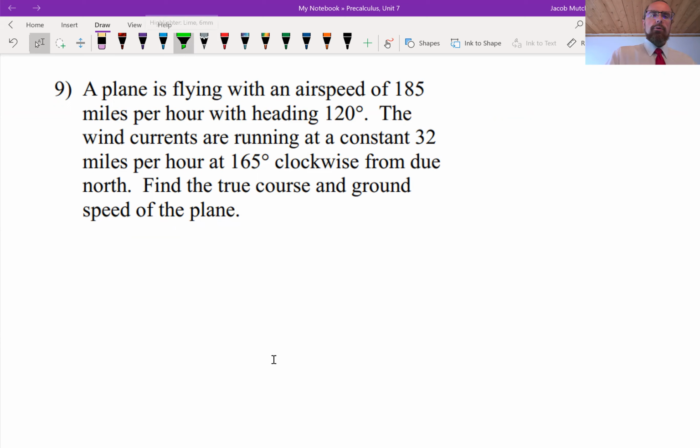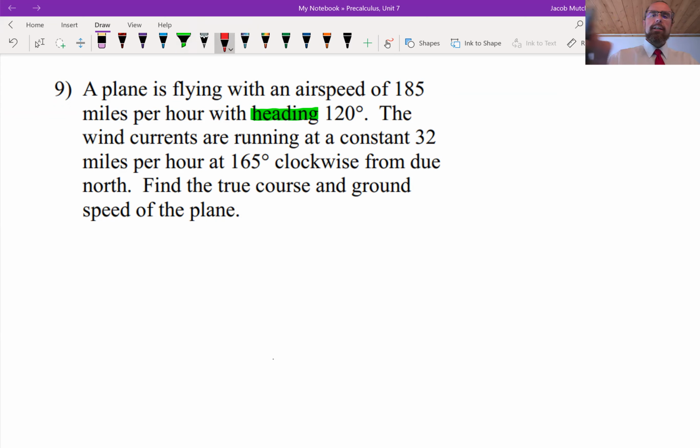So the way we want to approach this question involves the way that we would define this idea of heading. Heading is really a direction in terms of angle that a plane or a car or something that's traveling across the face of the earth would take in order to reach a certain destination.